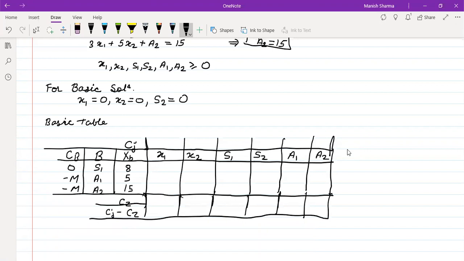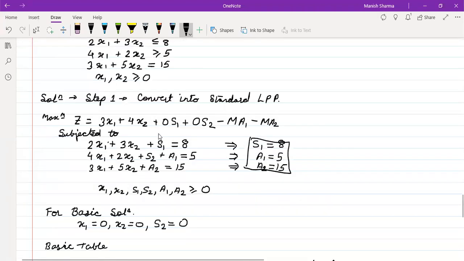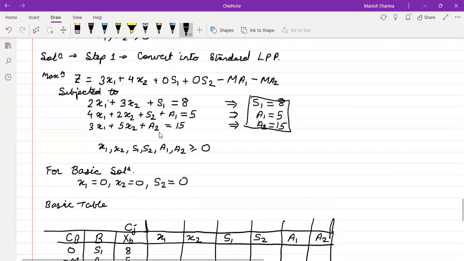Here we will write the values of the coefficients, that is 3, 4, 0, 0, minus M, minus M.